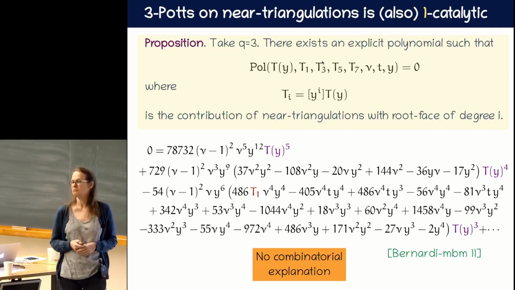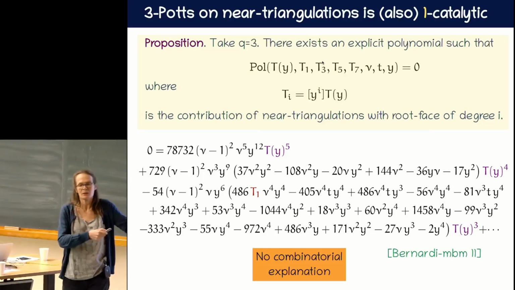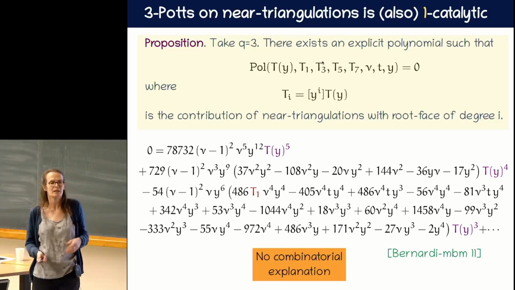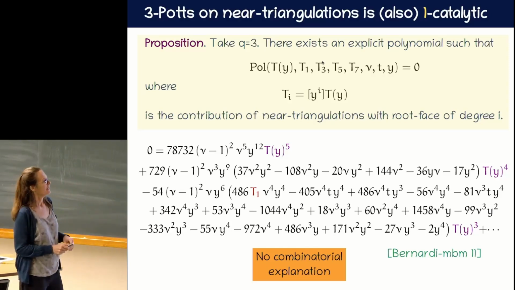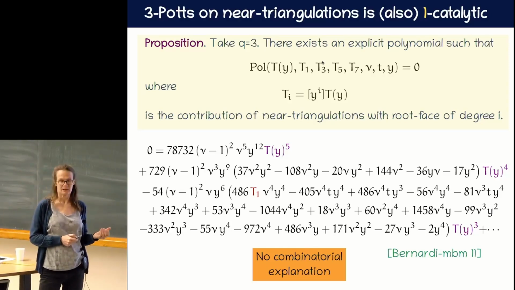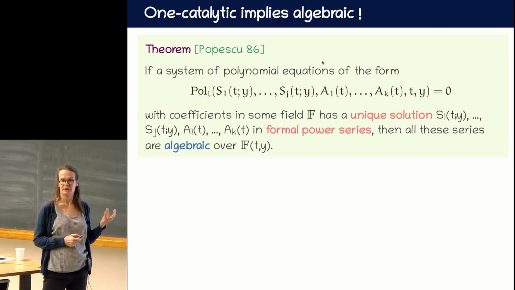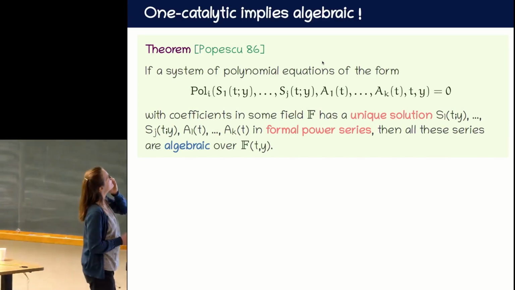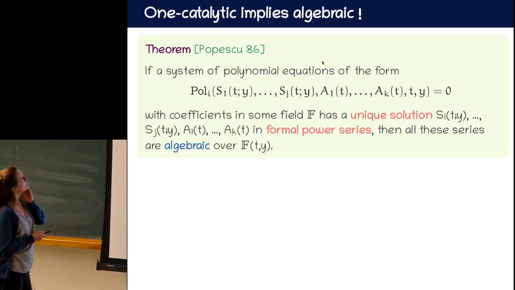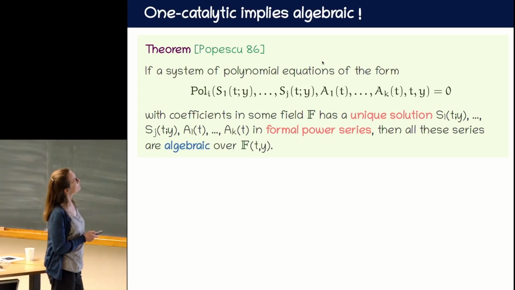Okay, so you may say, okay, 1 catalytic, 2 catalytic, who cares, what's the difference? There's one very important difference, namely one catalytic series, they are always algebraic. So that's a deep theorem in algebra that is due to Popescu a long time ago.